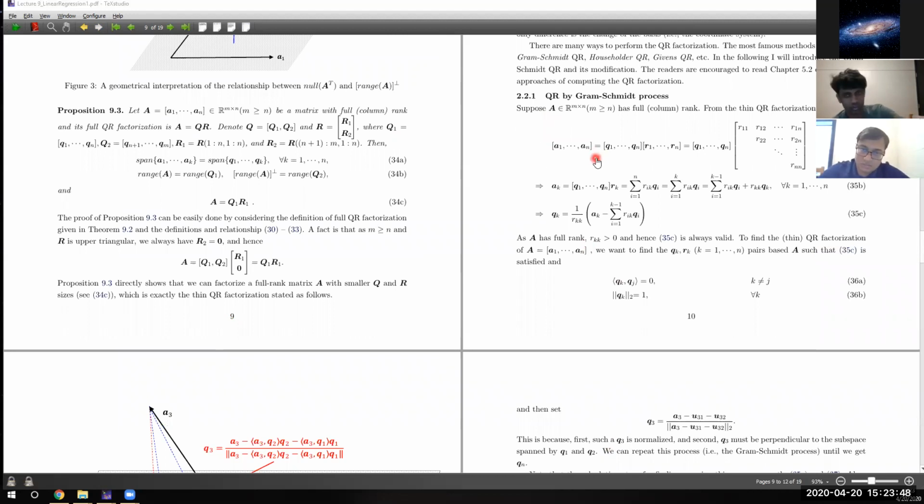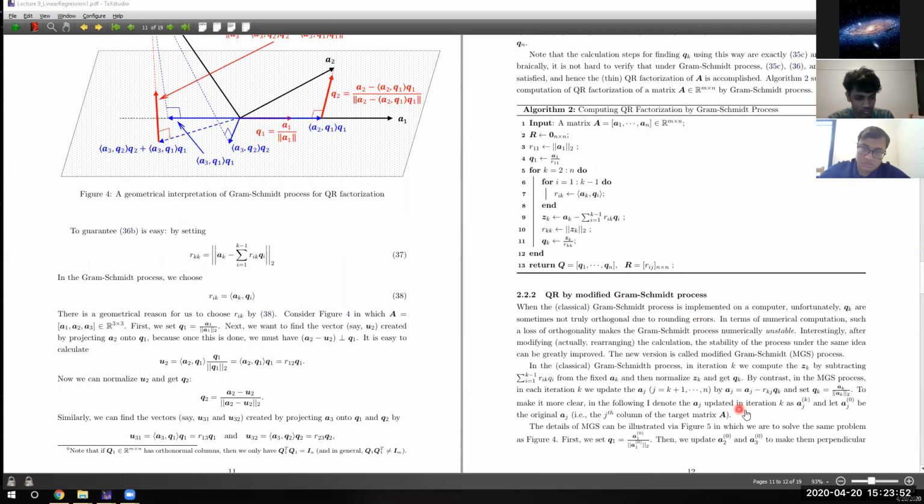This is matrix A. And you may question, hey, how can we change it? Okay, the truth is that we are gonna update, that's why I use the word update. And to avoid the confusion, I denote it as ajk. That means the aj in the kth iteration, okay? In each iteration, I'm gonna update aj, okay?